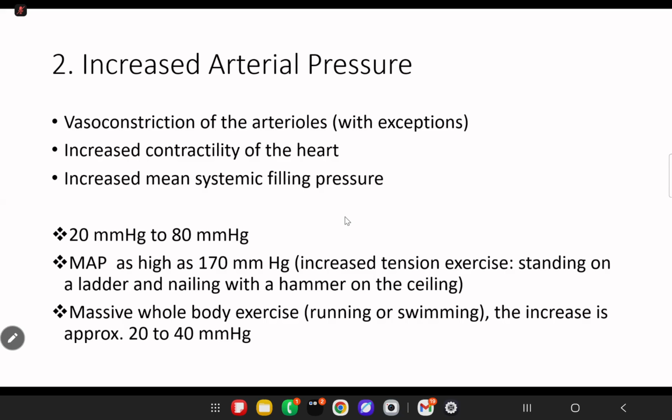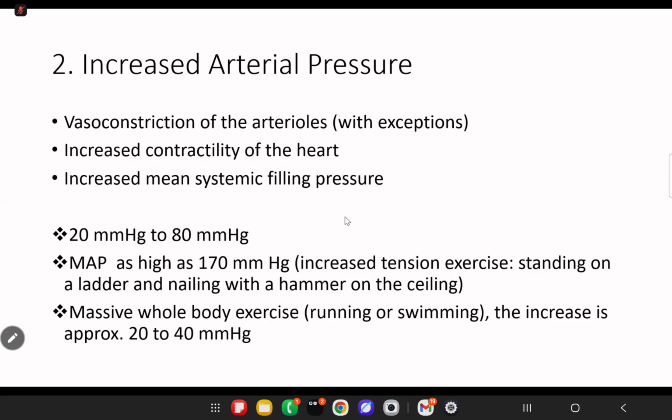Now, an example of a tension exercise is standing on a ladder and nailing with a hammer on the ceiling. That exercise may seem like only a few muscles are working, but you are under a lot of tension. Why? You need to maintain your balance because you're off the ground, and a very complex activity needs to take place.